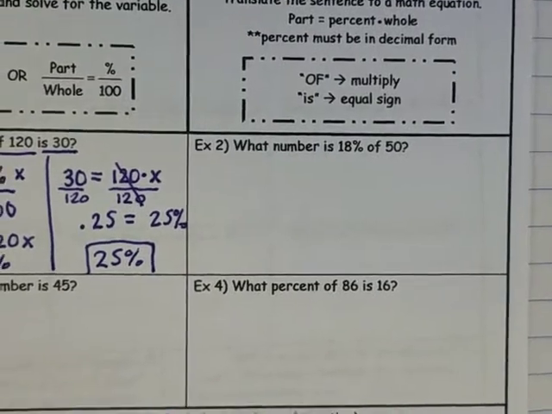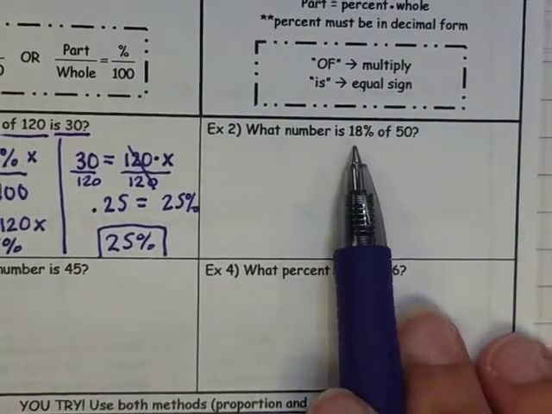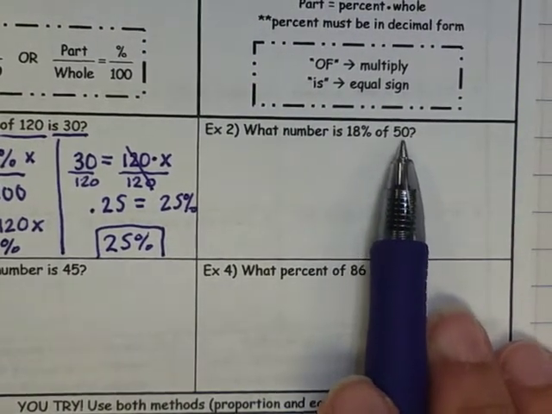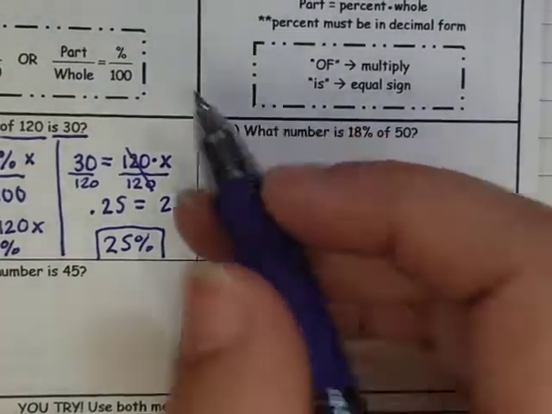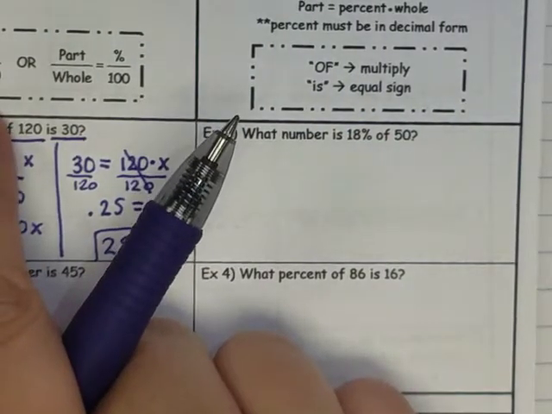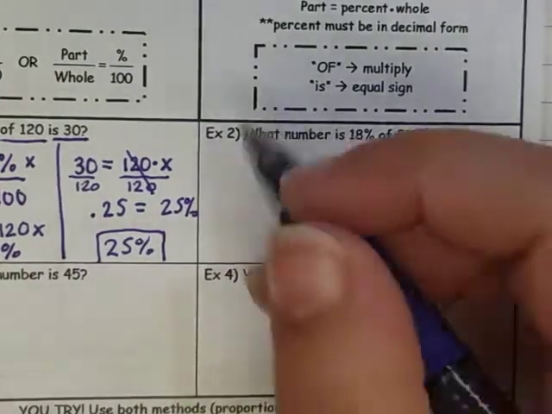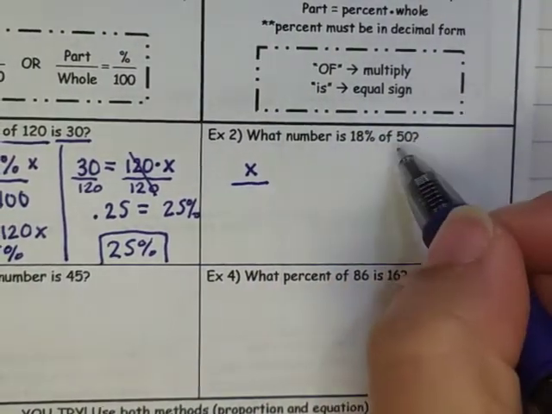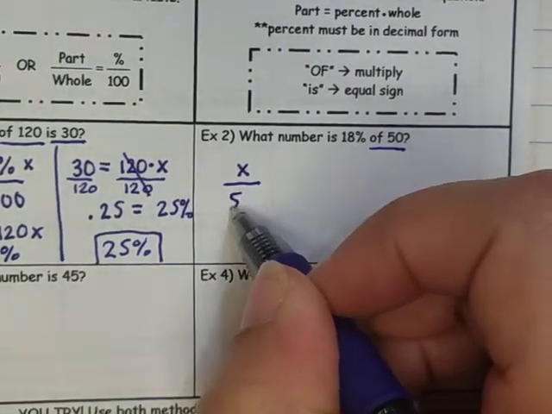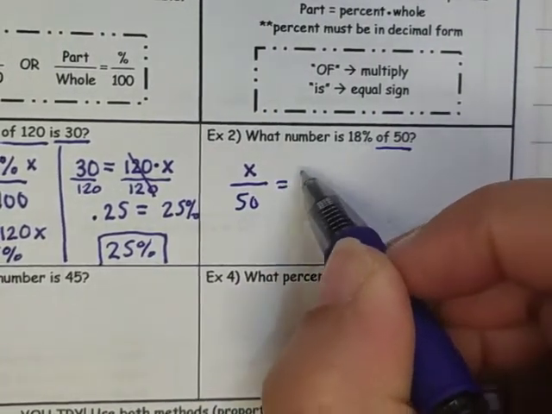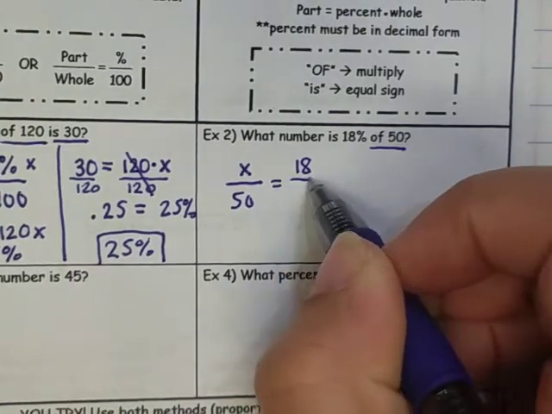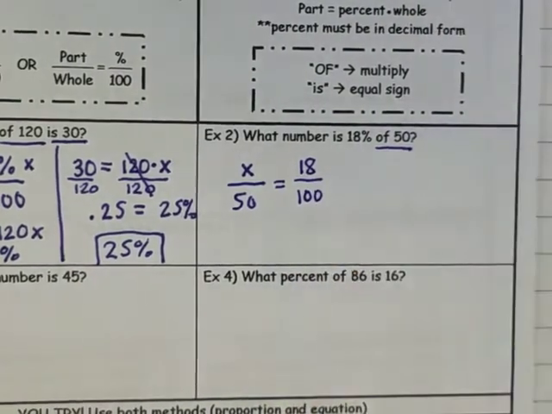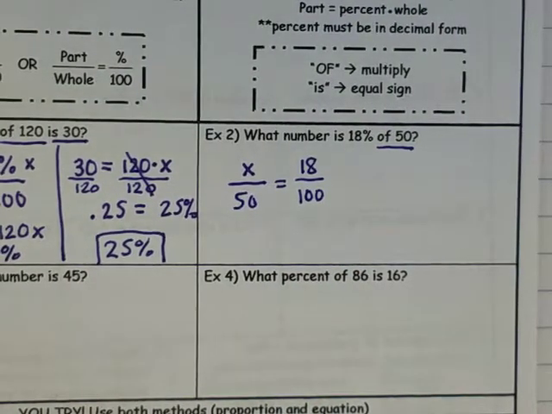All right, example 2. Now they're giving us the percent, and they're giving us the of, which is the whole. So we look back at our proportion. It's your is over of. We don't have our is, we don't have our part. We do have our of, 50, is equal to 18% out of 100, because your percent always means to be out of 100.